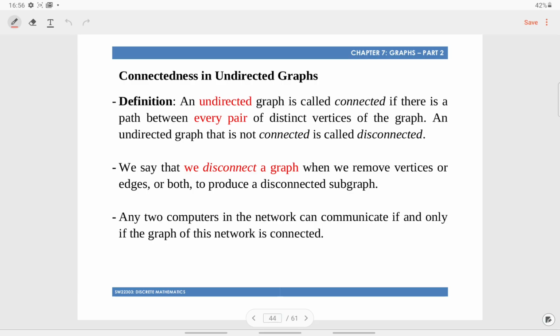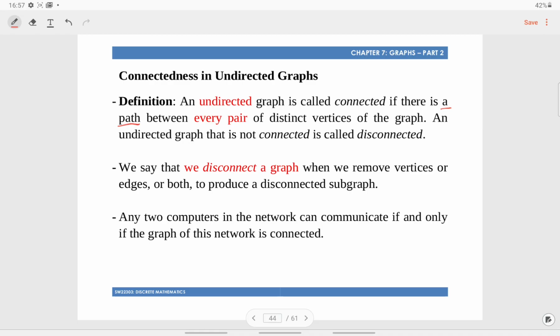Next is connectedness in undirected graphs. Definition: an undirected graph is called connected if there is a path between every pair of distinct vertices of the graph.